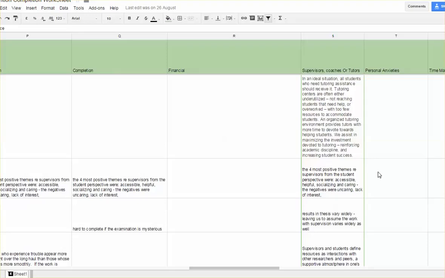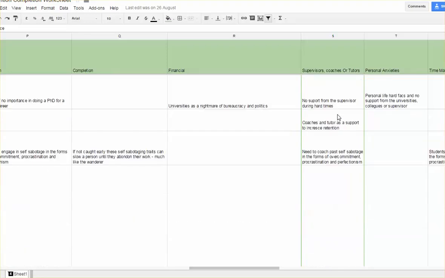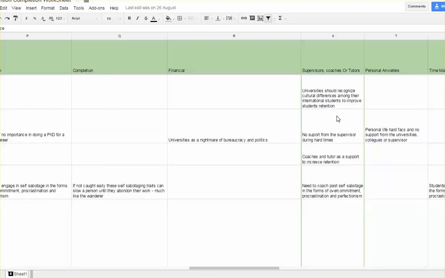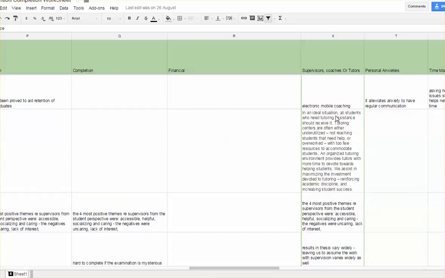And then when you are ready to write about that topic, you read the column. And it gives you quick, critical analysis of all the research that you have read as it pertains to that topic. It becomes much easier to segment it into the sections or the headings that you would need for your lit review. And then, so I'd have a heading that was supervisors, coaches, or tutors.